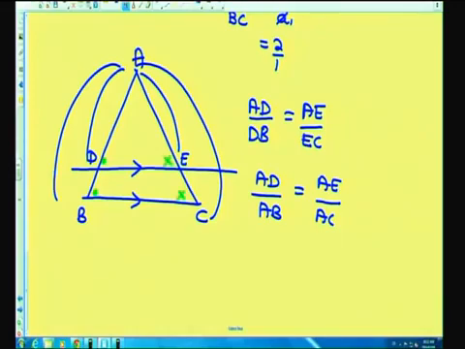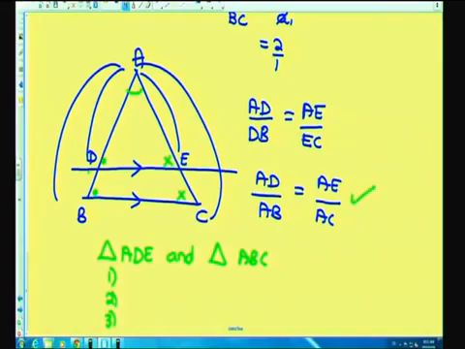That one equals that one because it's corresponding. And this one, of course, is a shared angle between triangle ADE and triangle ABC. So we have those three angles like I've just mentioned to you, which means they would be similar, which means this ratio would apply. And of course we can take any variation of that similarity and it will work.